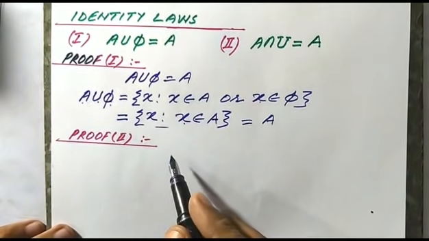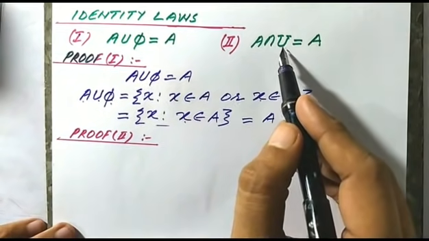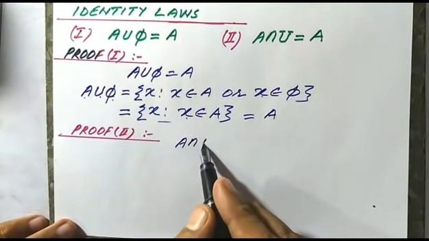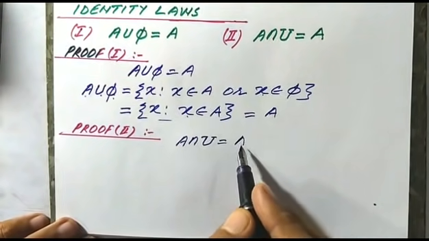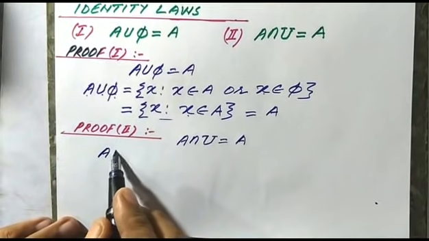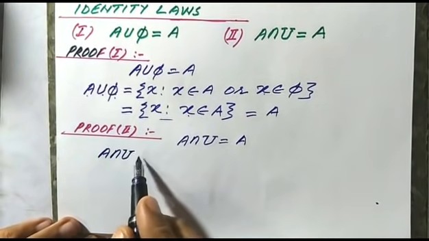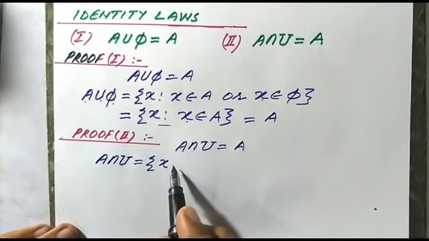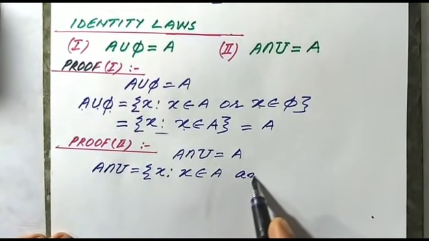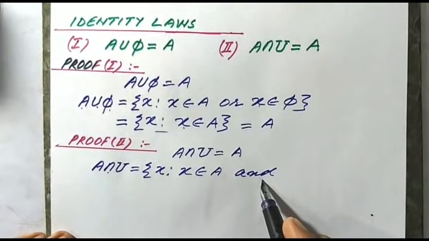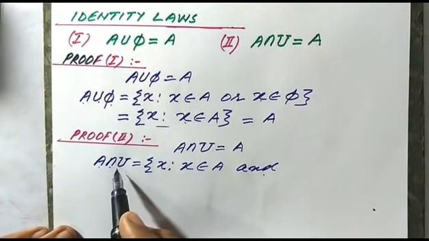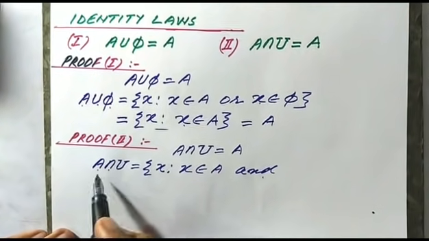Now we are going to prove the second identity law, which is A intersection U is equal to A. A intersection universal set U is equal to A. By definition, A intersection universal set is a set of X such that X belongs to A and, because there is intersection, and for intersection we use the word and, because if an element belongs to A intersection U, that must belong to both of the sets.